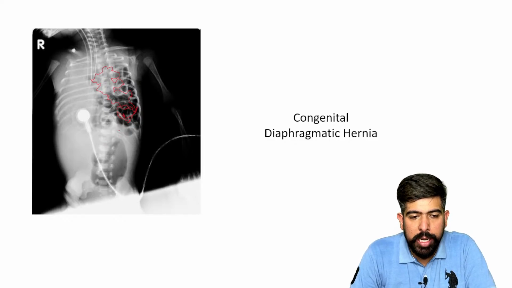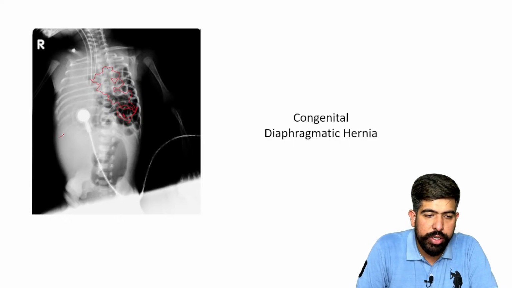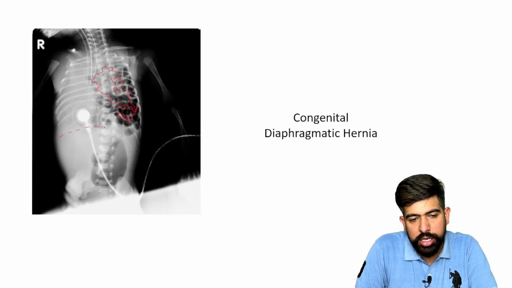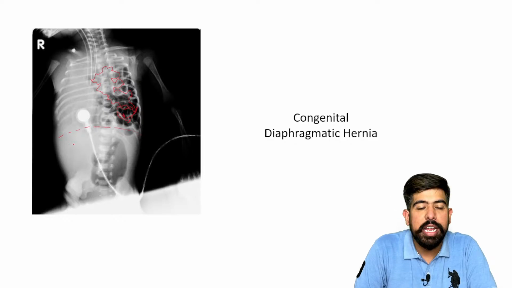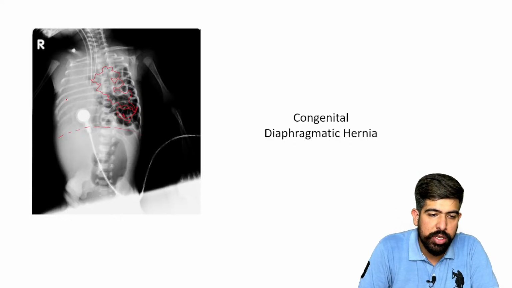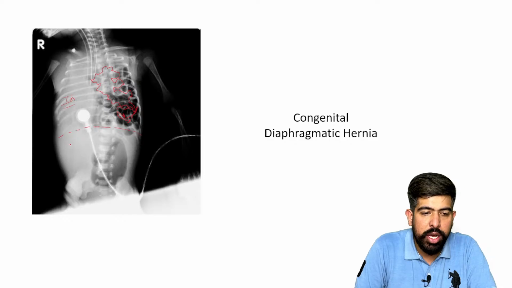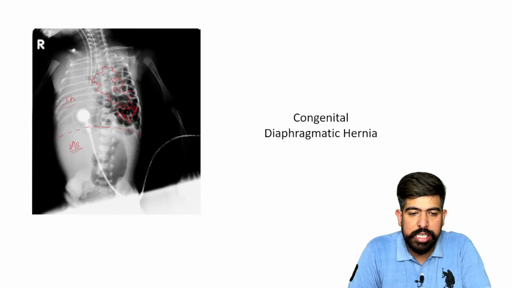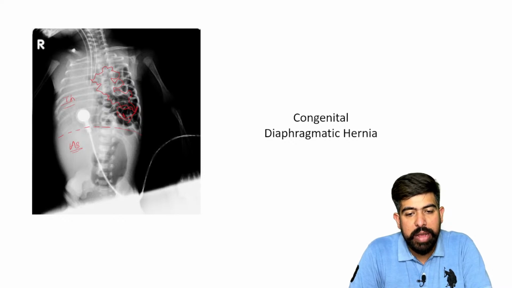And guys, there is a diaphragm which separates your thorax and the abdominal cavity. You know very well that this is the thorax and this is your abdominal cavity, and the separation is done only by your diaphragm.